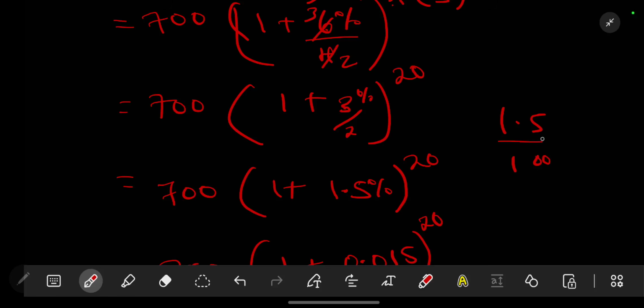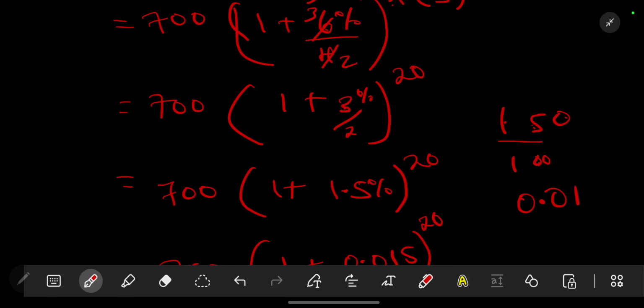So we have 1.5 divided by 100. We have a 0 like that. Now if we add another 0, it means it will move like that. So 15 divided by 100 is still 0. Then we add another 0. 150 divided by 100 is 1.